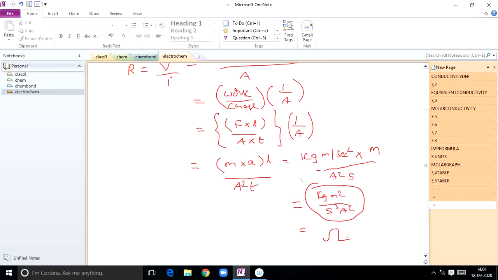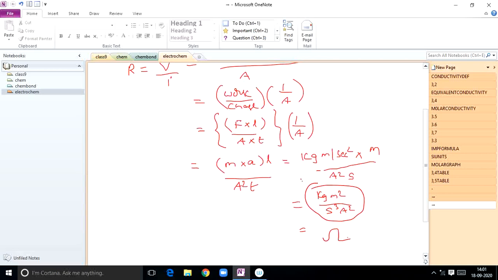Next, see, electrolytic conductors obey Ohm's law, like metallic conductors, solutions of electrolytes also obey Ohm's law.